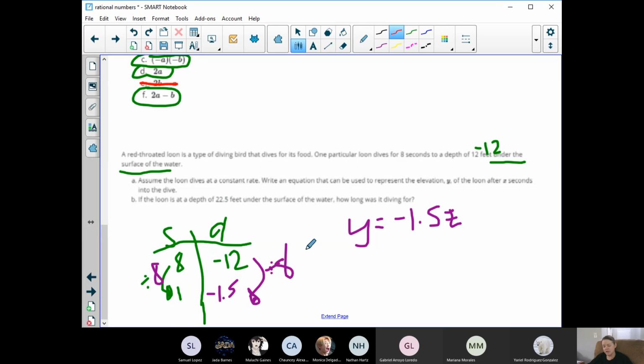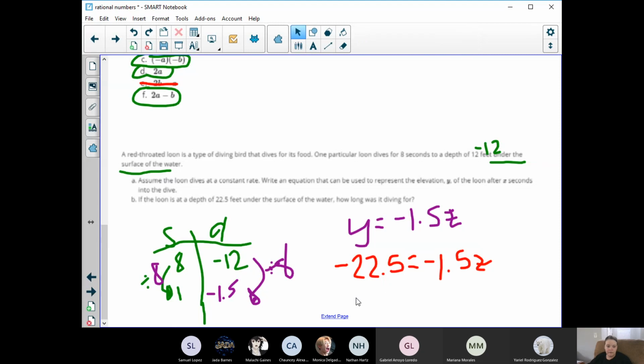If it's under the surface. Negative. Oh, I just realized we're doing some dividing, but that's okay. So negative 22.5 equals negative 1.5 Z.